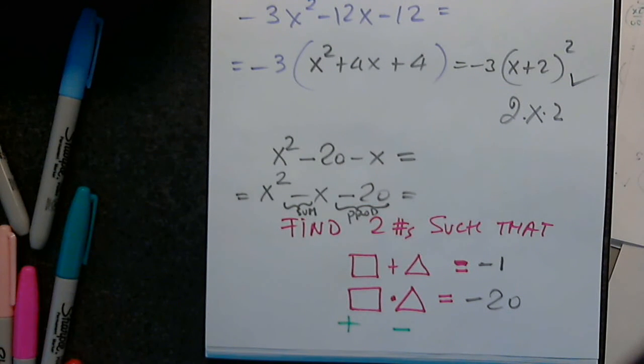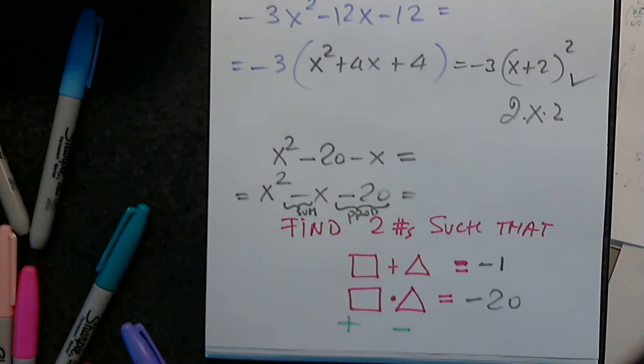So now, can we find two numbers, one positive and one negative, whose product is negative 20 and whose sum is negative 1? You cannot say 10 times negative 2. The product is negative 20, but the sum is not negative 1. So can we find two numbers whose product is negative 20 and whose sum is negative 1?